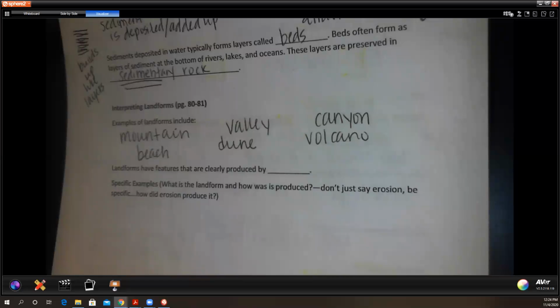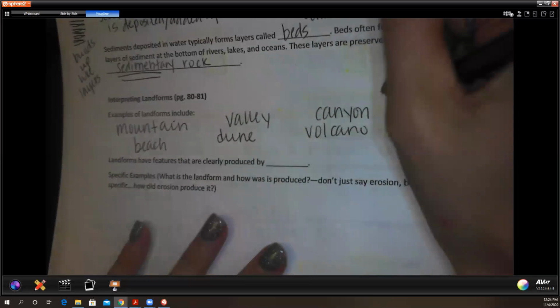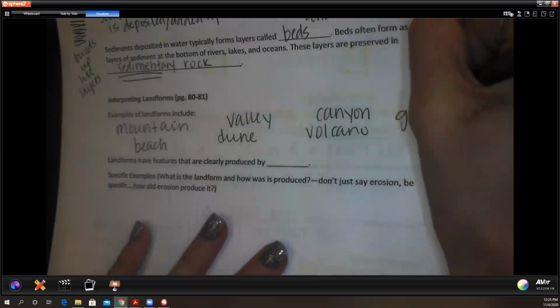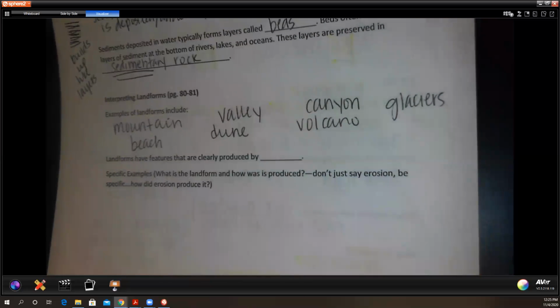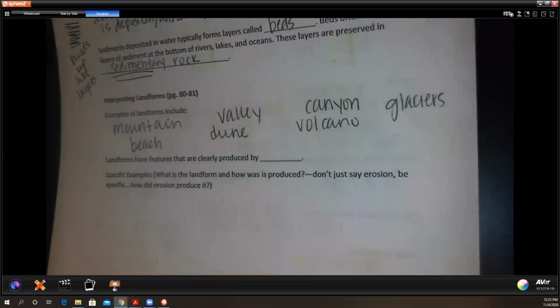Sebastian. Glaciers. Are cities landforms? Cities are not landforms. Landforms are natural features. Cities are created by man. Allison. Does ice flakes count?